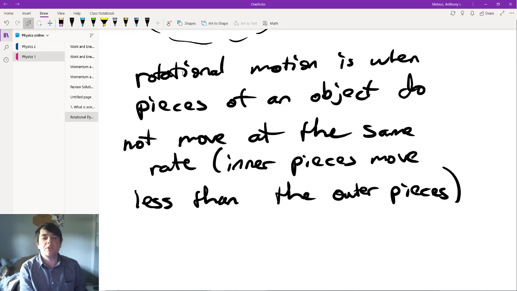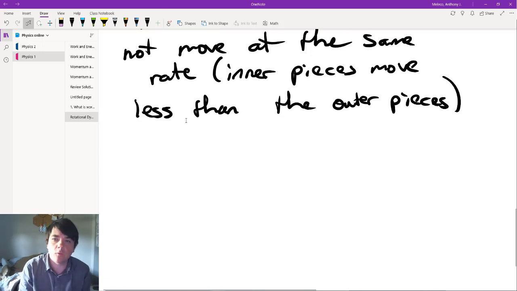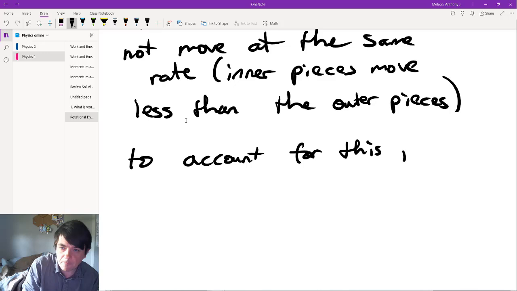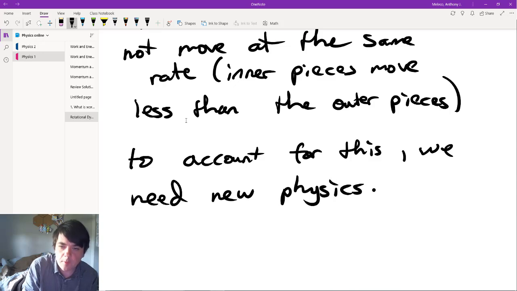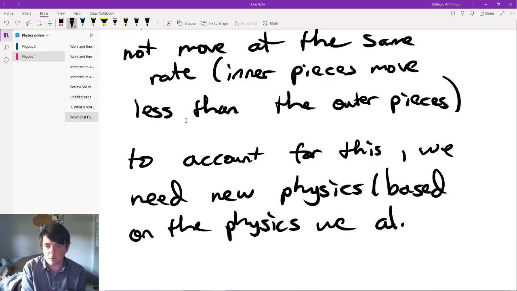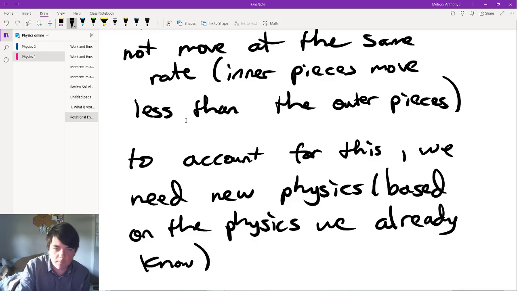And so as you can imagine, to account for this, we need new physics. It's new physics, but based on the old physics we already know.